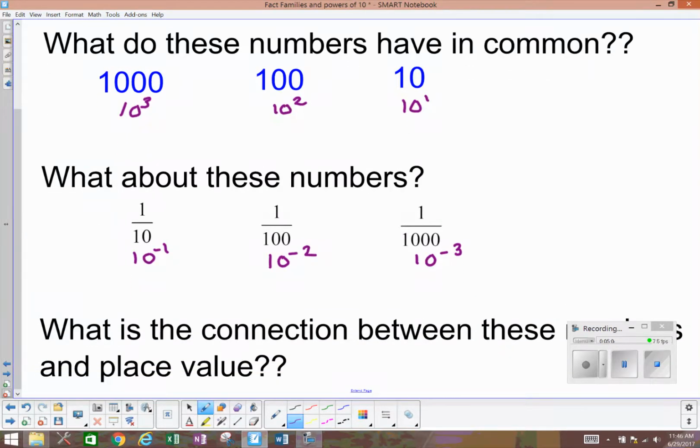But wait a minute. What is the connection between these powers of 10 and the place value system? Think about it.